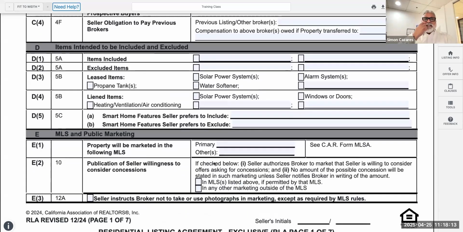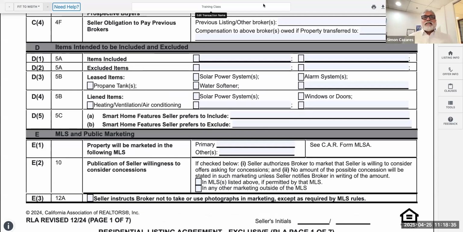All right, item D as in David, items intended to be included and excluded. This is where you need to make sure you understand this because I see a lot of issues with this on the MLS. What the seller believes is going and the buyer believes is staying, and now it compromises. And guess what? The agents are writing checks.